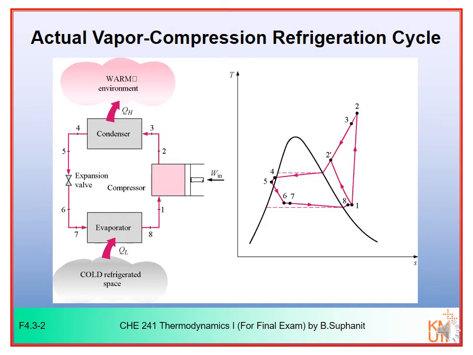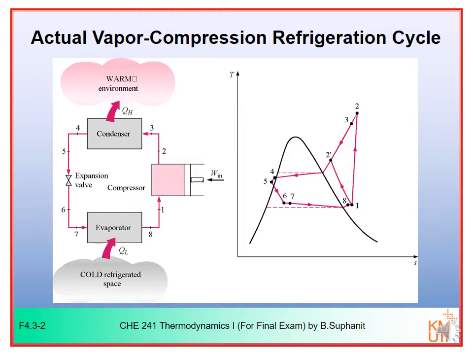Two common sources of irreversibilities are fluid friction, which causes pressure drop, and heat transfer to or from the surroundings. As seen in the TS diagram of an actual VCR, several irreversibilities can be noticed in many process steps.